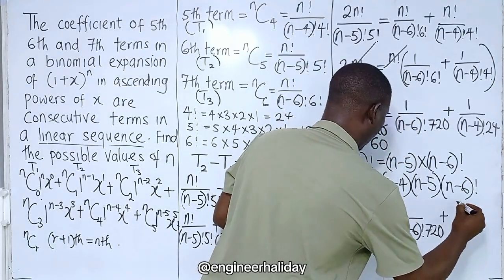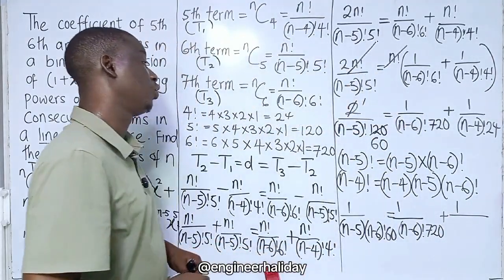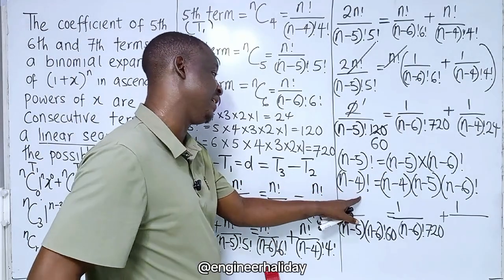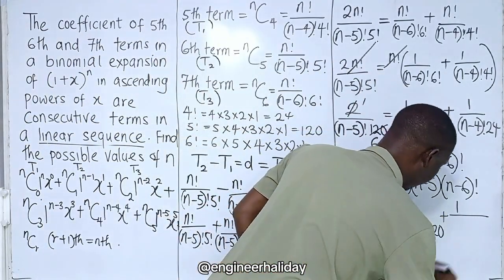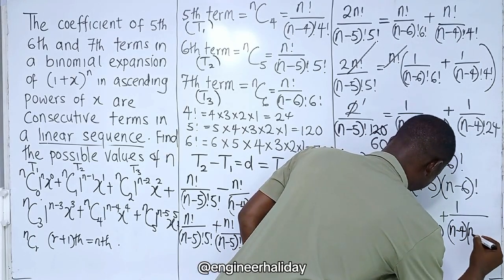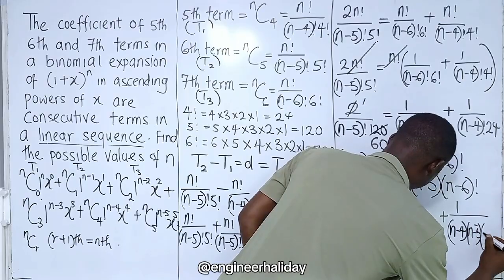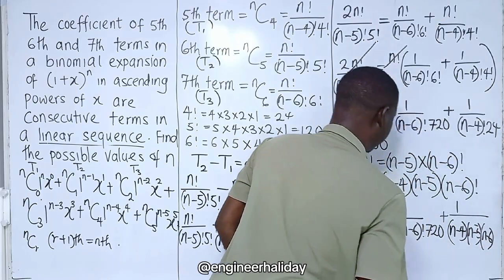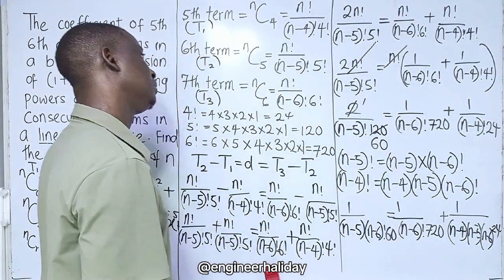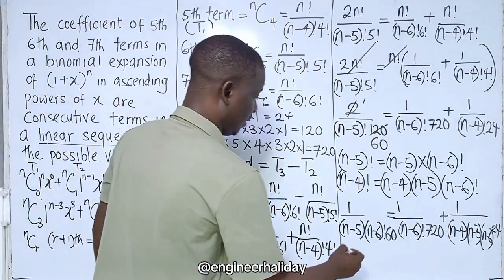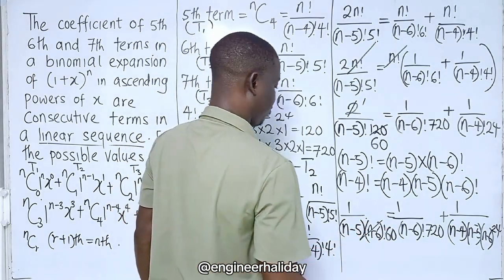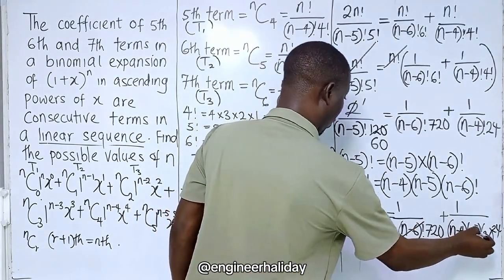plus 1 divided by... Now, I told you before that we are going to break that (n minus 4), which we did here. So we bring it down: (n minus 4), (n minus 5), (n minus 6) factorial, then there is 24 there. Now, having known that, my (n minus 6) factorial can eliminate all two.